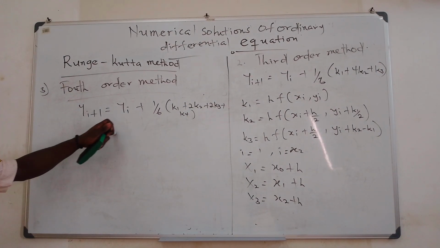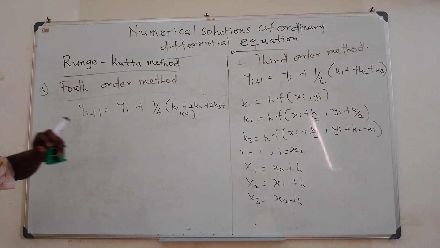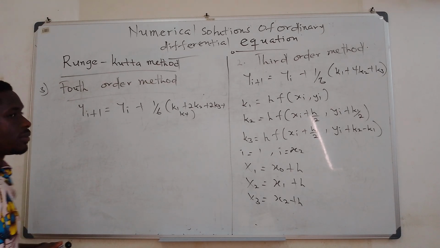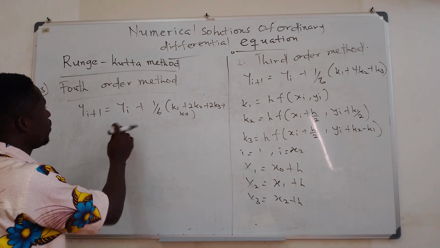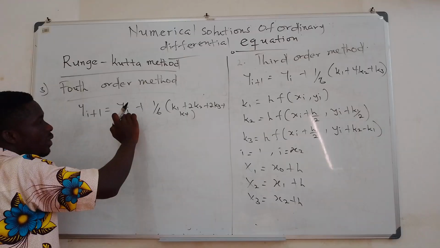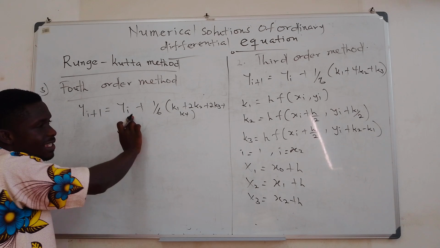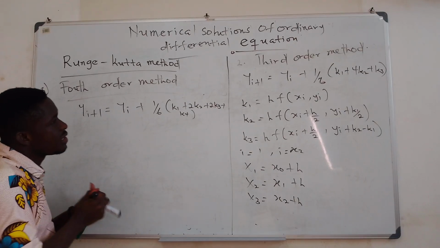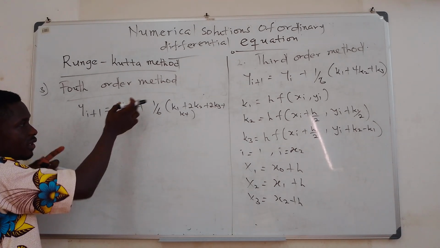This is the algorithm for the fourth order method. Normally you use the fourth order method in the Runge-Kutta solution. All the time we know our yi. If i is 0, it means that here will be y0, and y0 is equal to the initial value that you'll be given.